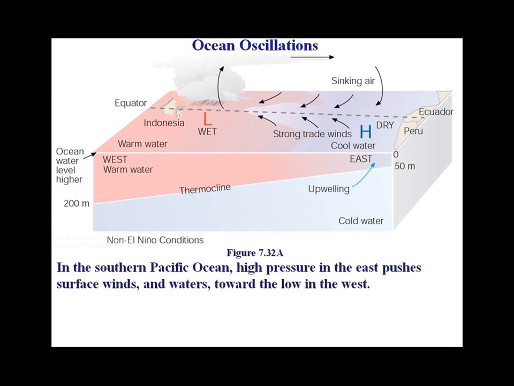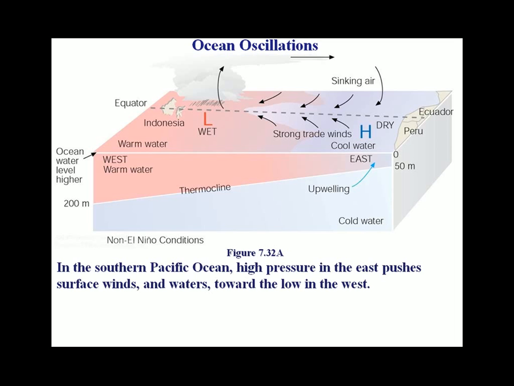Now I'm going to basically stop the discussion on El Nino here for just a few minutes, and I want to talk a little bit about La Nina. Now your textbook has a schematic of La Nina, which is the opposite of El Nino, and we'll talk a little bit about that. But what you probably should do at this point, I would recommend that you grab your textbook.